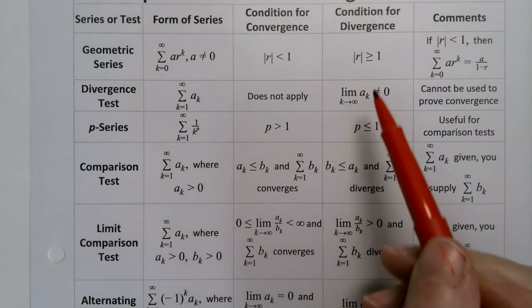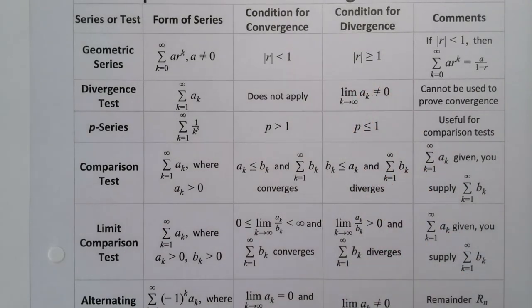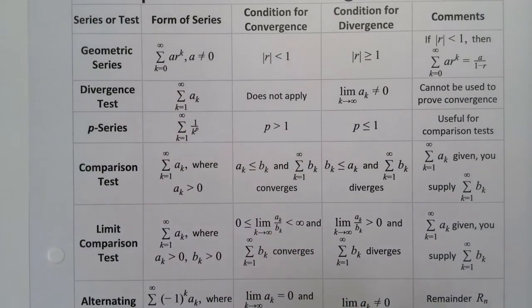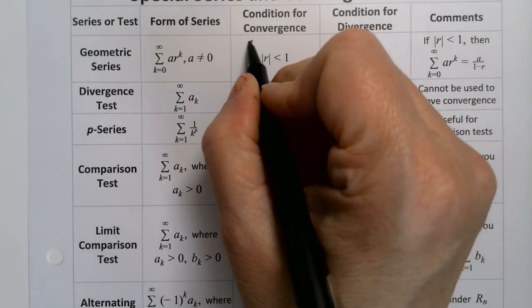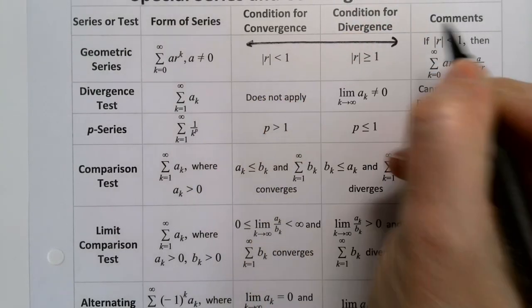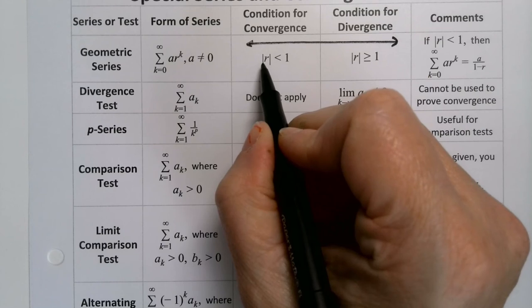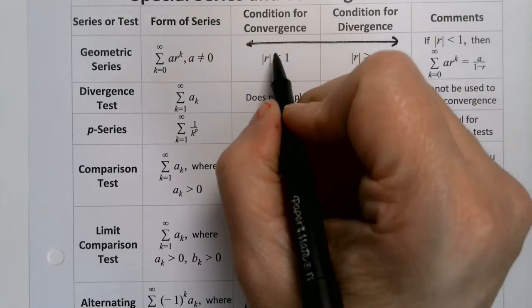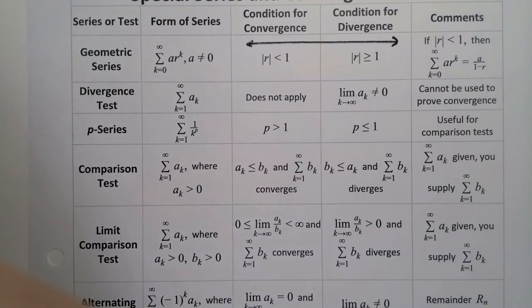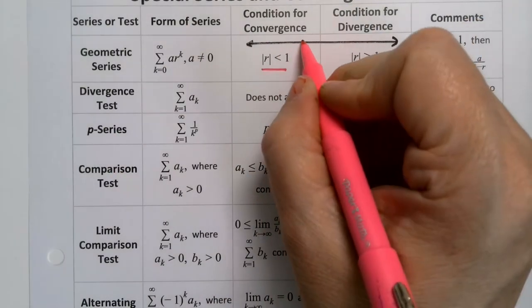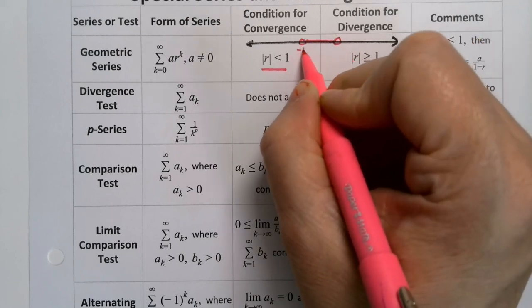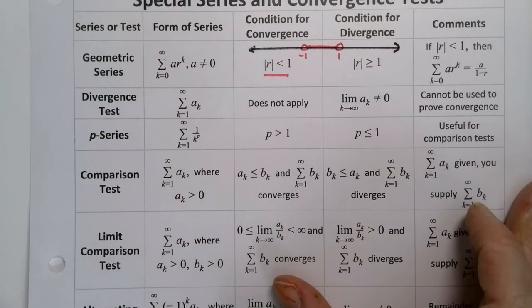Students often get the p-series and the geometric series confused, so let me make one more comment. For the geometric series, I'm going to draw a little number line here. It converges if the absolute value of the ratio is less than 1. I'm going to do convergence in pink. It converges from -1 to 1 if your ratio is in there.